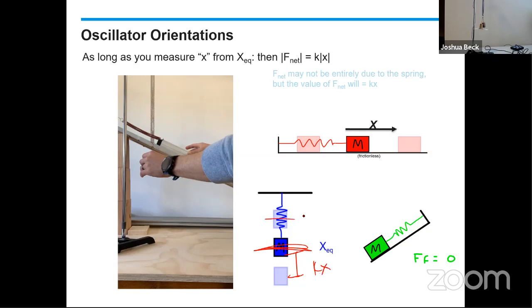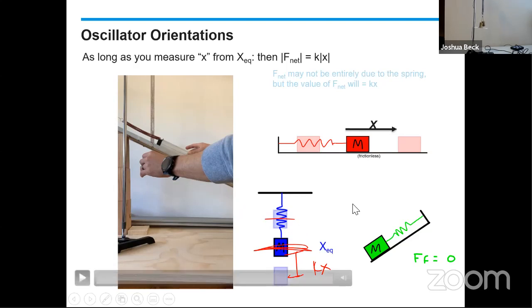When it's at the top, that spring isn't stretched quite as far. So now all of a sudden, the force of the spring and the force of gravity are no longer balanced. The force of the spring is smaller, so that net force is due to that decrease in the force of the spring. How much did the force of that spring decrease? Kx. So whether you're above or below, the net force is going to be equal to Kx as long as you start from the equilibrium position.